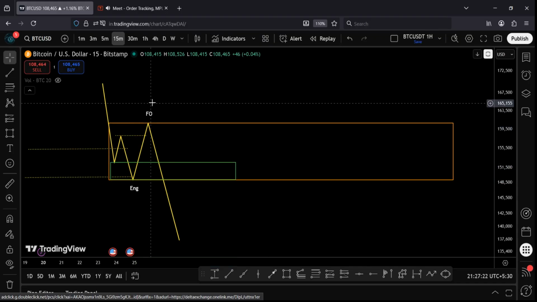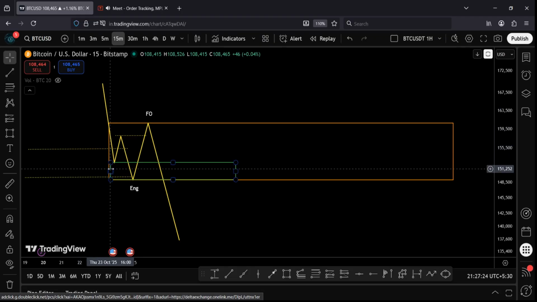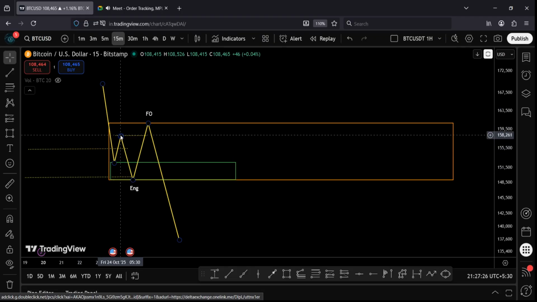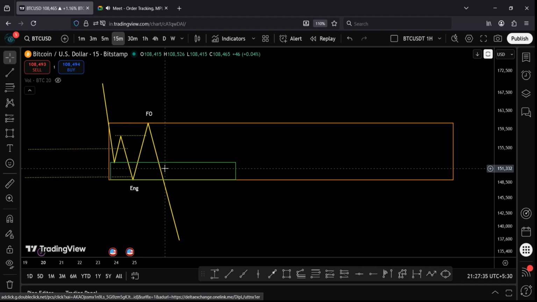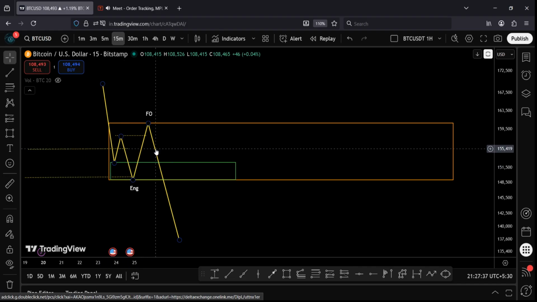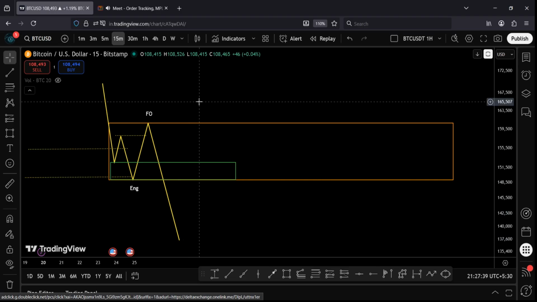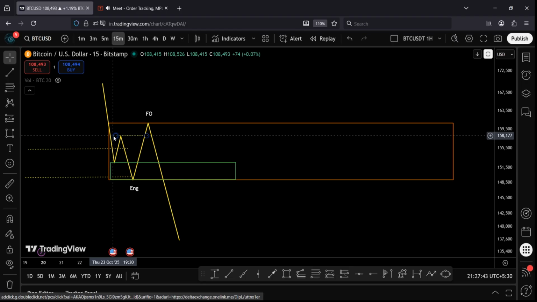Price makes a low, makes a high, makes a lower low, makes a higher high. So what some guys will do, they will try to enter here and get stuck. Why did the price come here?